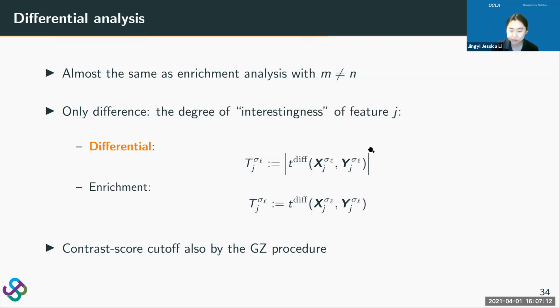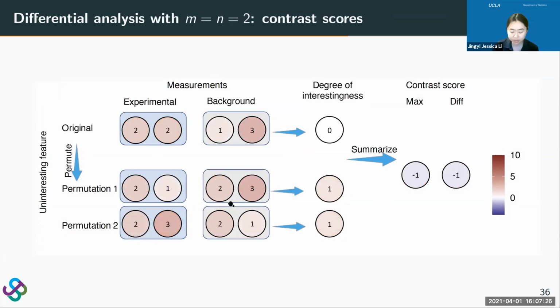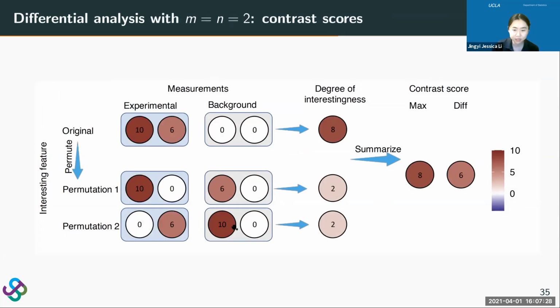So we take the absolute value of the difference statistic as our degree of interestingness. And we define the contrast score as before, and we find the cutoff as before. Just to quickly show, if you recall for this feature in the previous case, we have 3 minus 5, that's negative 2, but now we change it to 2 because we take the absolute value in the degree of interestingness, and the contrast score is defined accordingly.